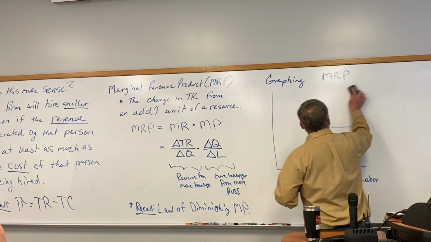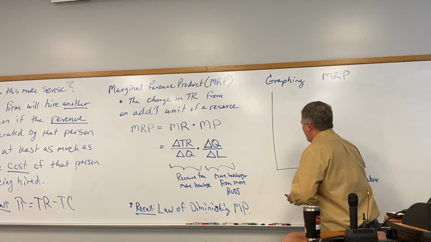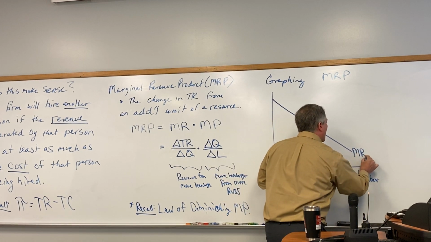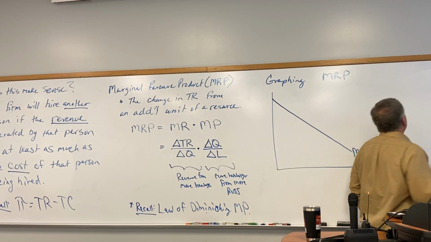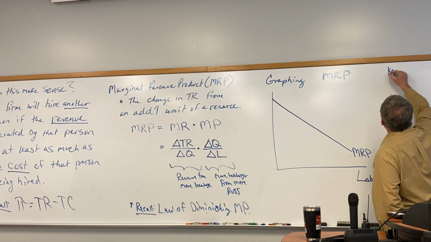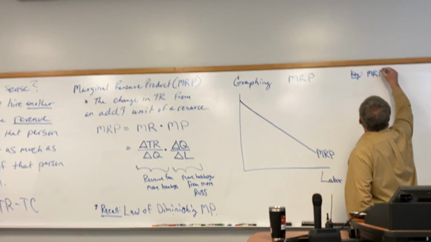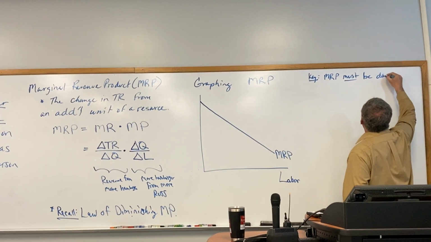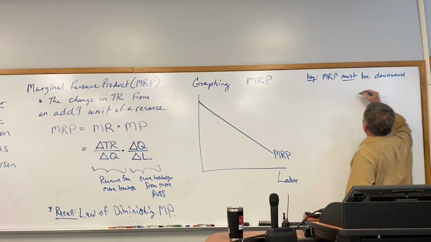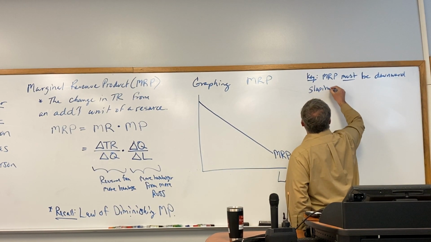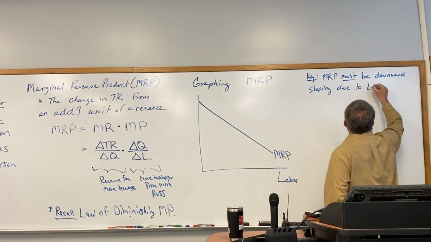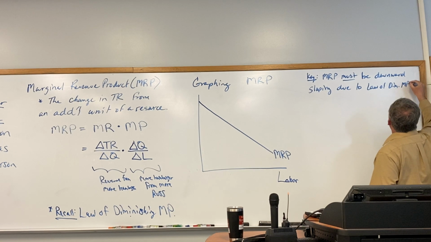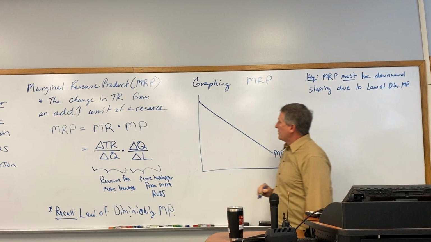All right, so the marginal revenue product curve, the MRP curve, is downward sloping. So key point: MRP must be downward sloping due to the law of diminishing marginal product, or law of diminishing returns.